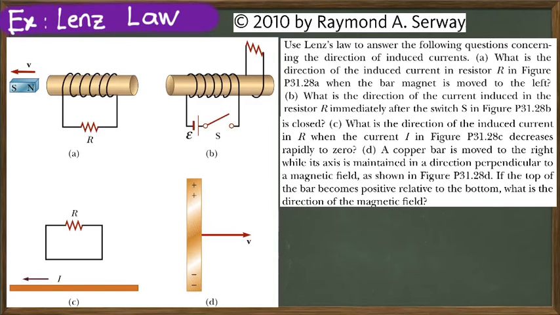Do you have a question? Part C, what is the direction of the induced current in R, the resistor, when the current I in this cable decreases rapidly to zero? So you have this current in the cable, but this current toward left is decreasing. Okay?